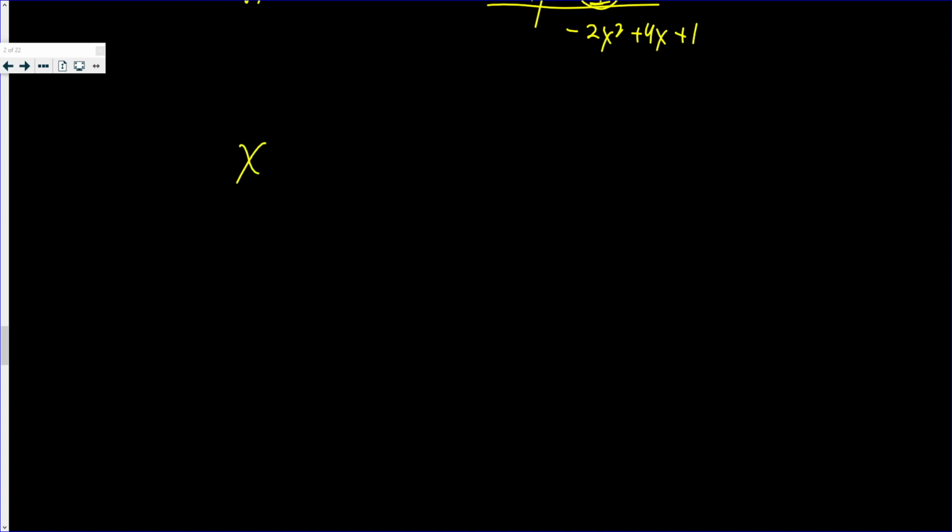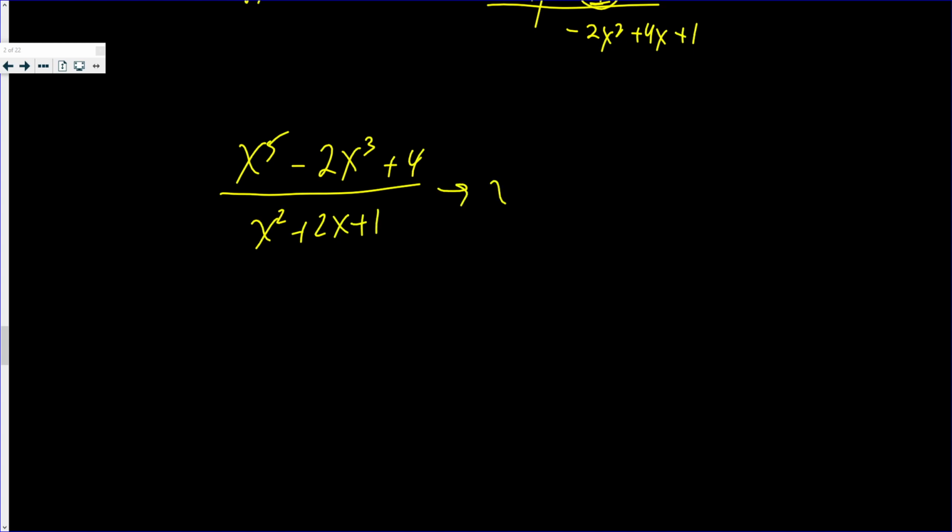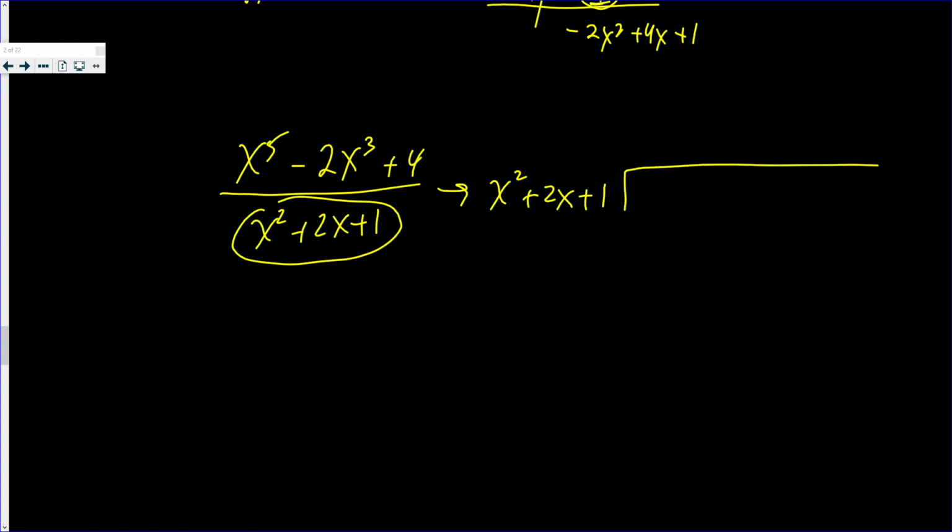Suppose we have x to the 5th minus 2x cubed plus 4, and we want to divide this by x squared plus 2x plus 1. This is in descending order. You don't have to fill in missing terms, although there were none.